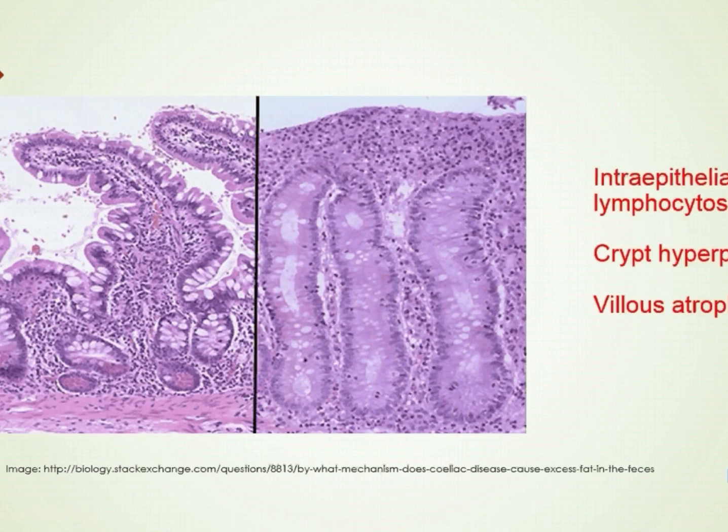In your exams, the changes should be described as an intraepithelial lymphocytosis, crypt hyperplasia, which is evident between the villi, and an overall villous atrophy, thus resulting in vastly reduced surface area for absorption and therefore malabsorption.